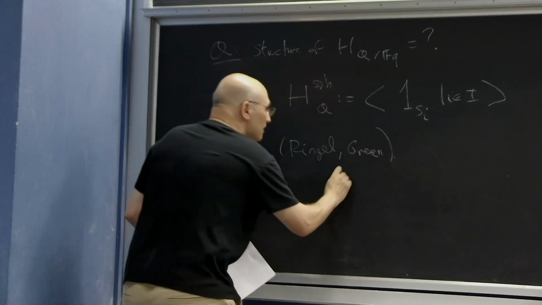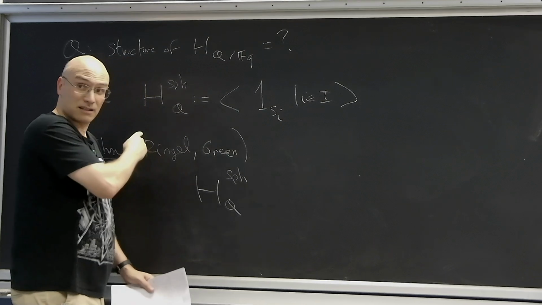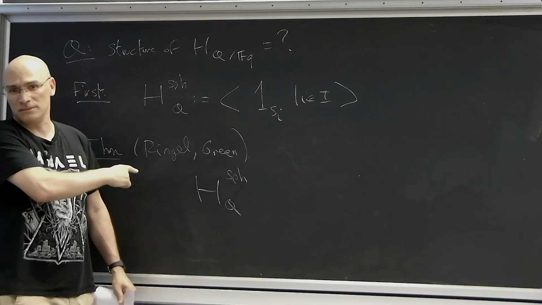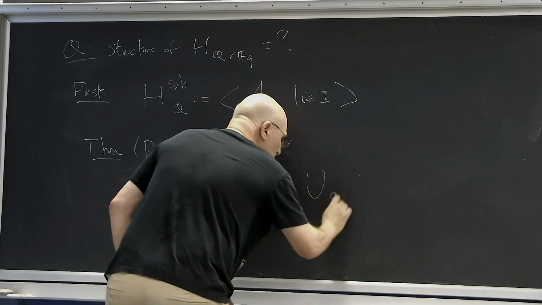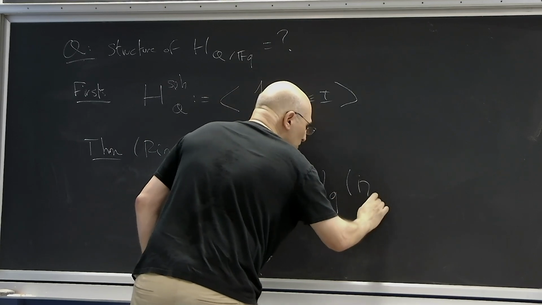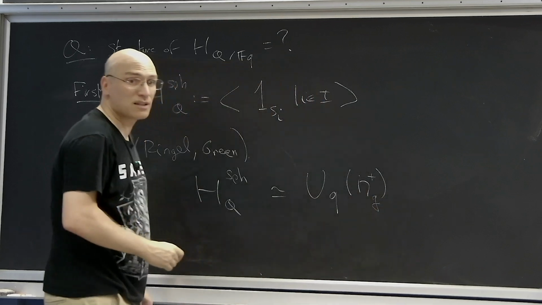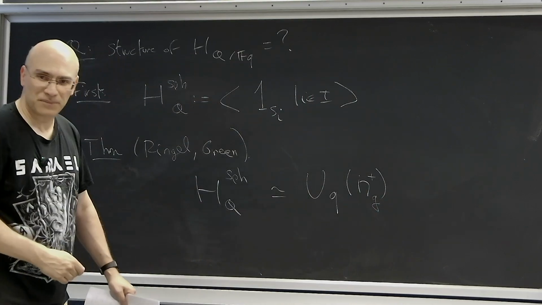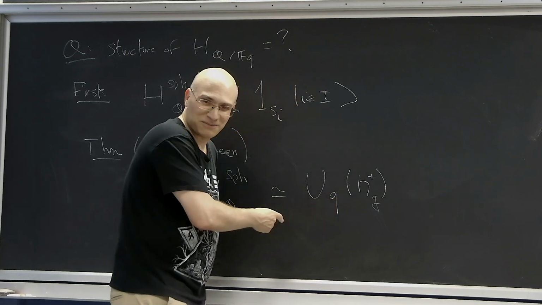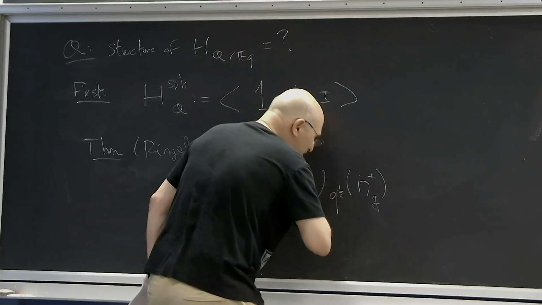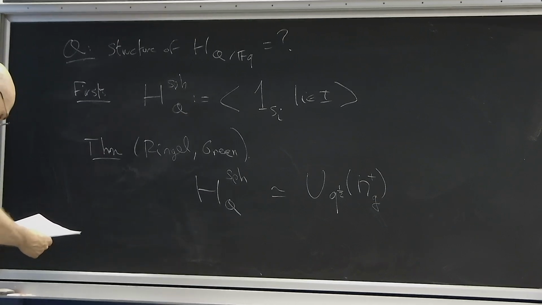And so here's the theorem by Ringel, in finite type, and Green in general. It says that this algebra, first of all, the size of that one does not depend on Q. That's already non-trivial. But this is isomorphic to the positive half of the quantum group corresponding to the Lie algebra g associated to my quiver. You need to take some square root. I didn't say what U_Q was, but to please you, let me put a square root.